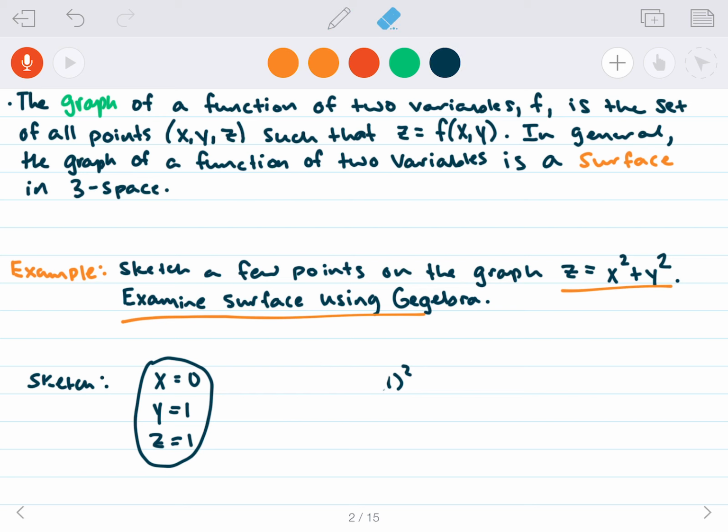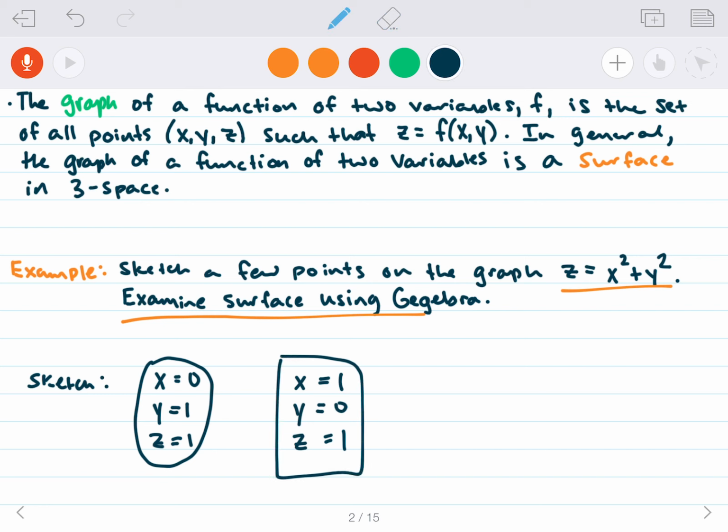Another point, we could say, how about our input is x equals 1, y equals 0. In that case, z is going to be equal to 1 squared plus 0 squared. Again, z is going to equal 1. So that's another point on our graph.